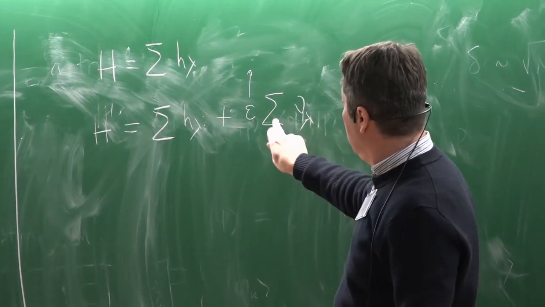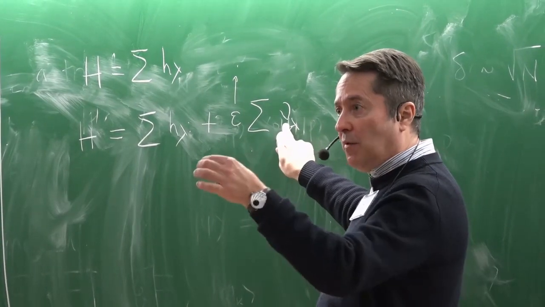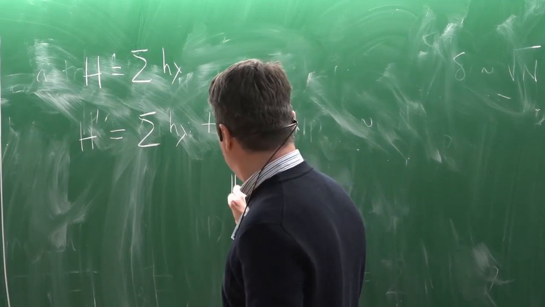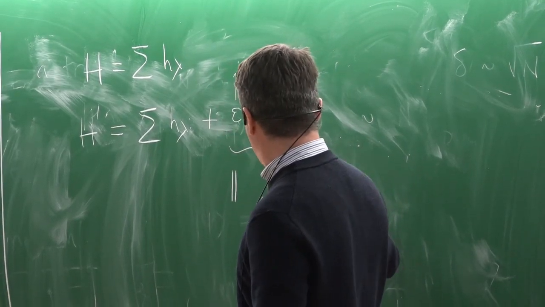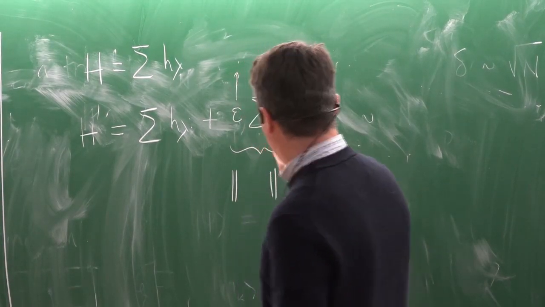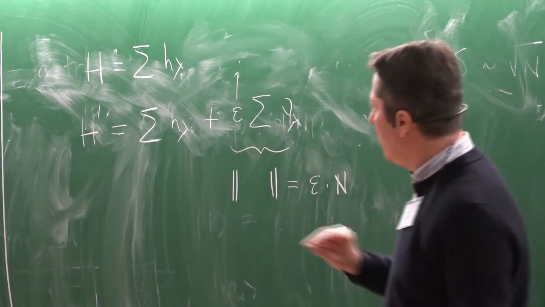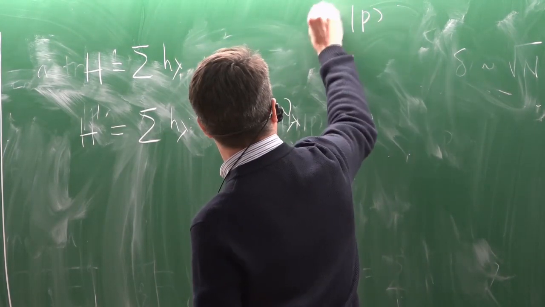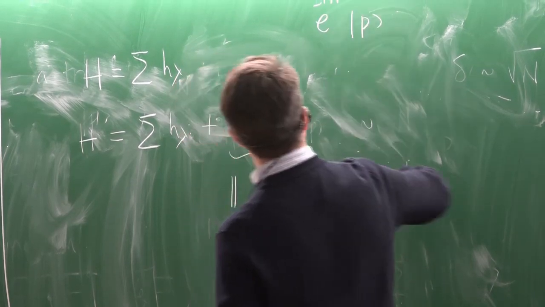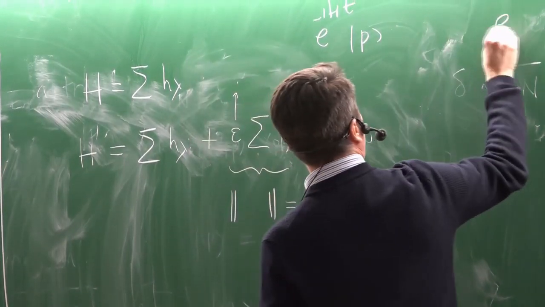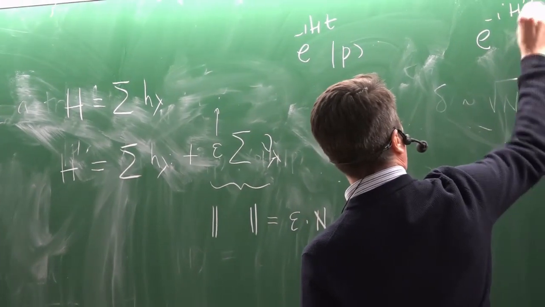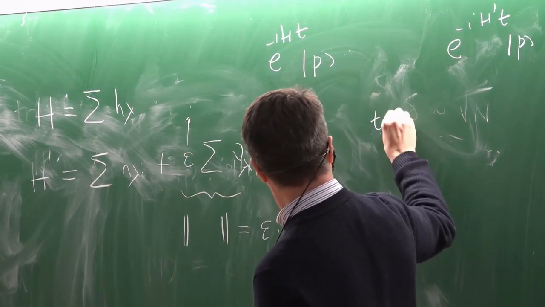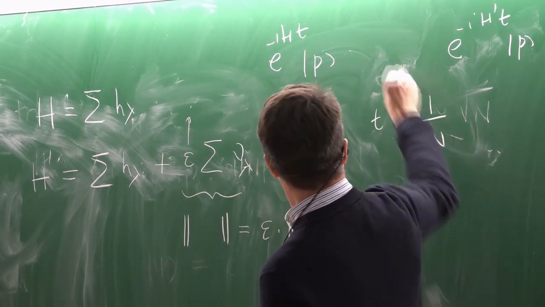However, you see, these operators are acting on each of your lattice sites. So the norm of the error, the norm of this operator that is here, is equal to epsilon times n, because there are n terms. So if you evolve with this Hamiltonian, you have some initial state, and you compare e to the minus i H prime t acting on the initial state, this state after a time t of the order of 1 over epsilon times n will be basically orthogonal.